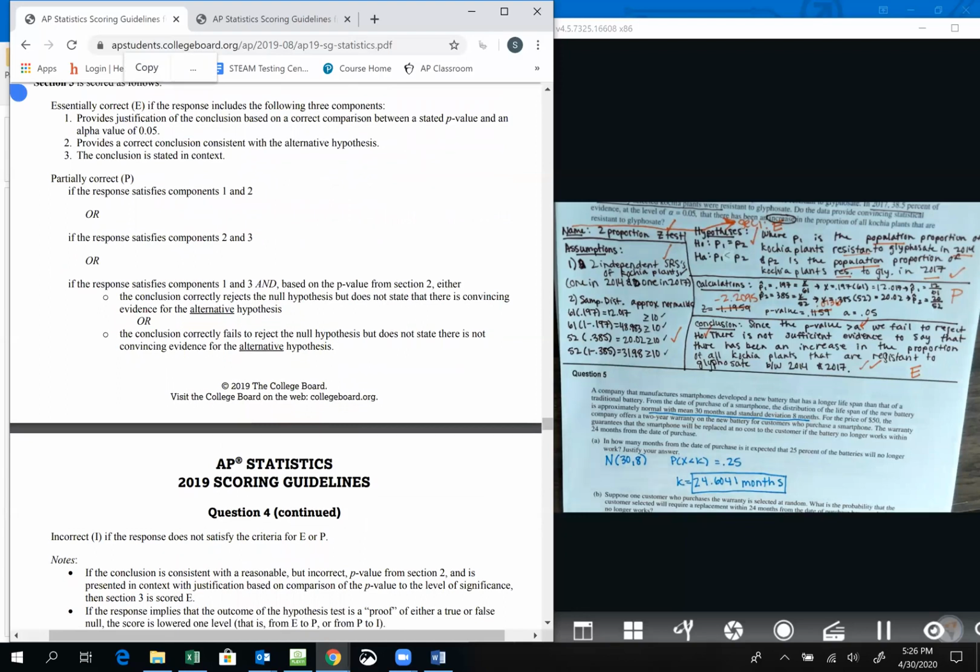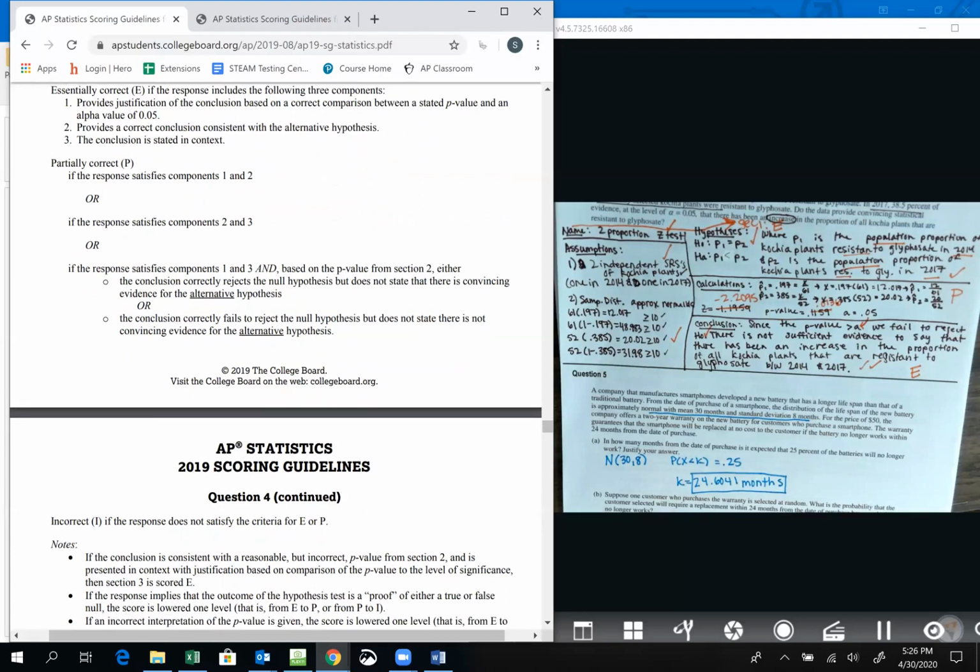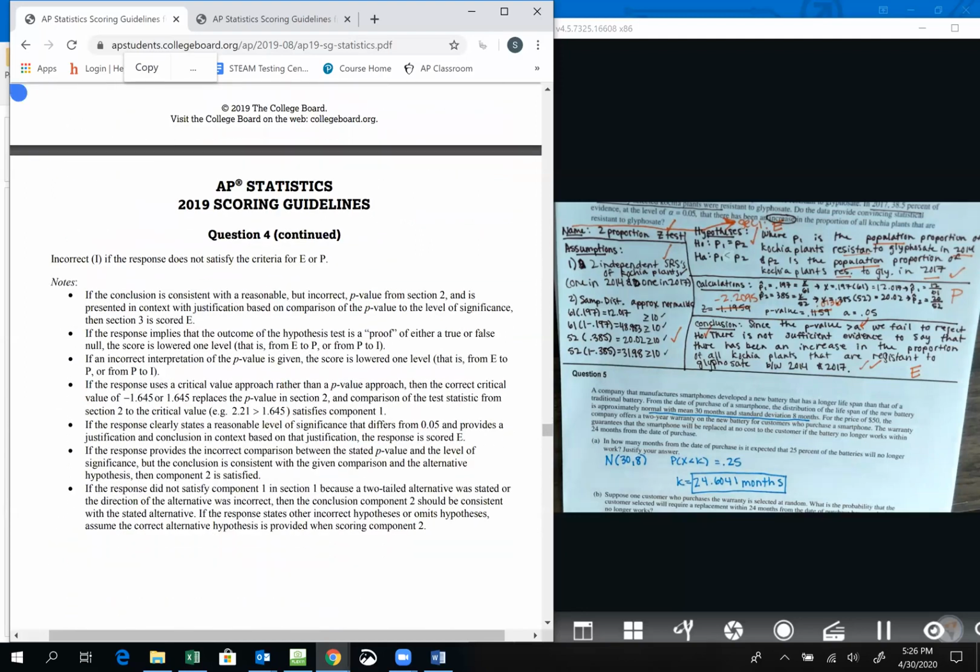So if you get it backwards, they gave you partial. Yep, here it is right here. If the conclusion is consistent with a reasonable but incorrect p-value from section 2 and is presented in context of justification based on the comparison of a p-value to the level of significance, then section 3 is scored as an E.